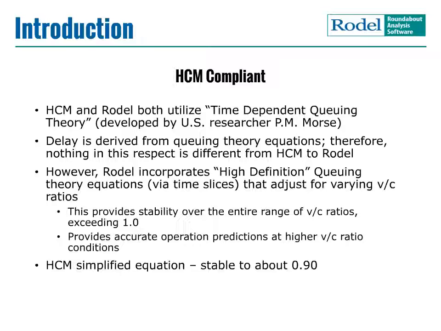These adjust for varying VC ratios, and the importance of this is that Rodel provides stability over the entire range of VC ratios, even ratios exceeding 1, which provides accurate operational predictions at higher VC ratio conditions. And again, in high-flow constrained conditions, that's important. HCM implements a more simplified version of this, and its stability is stable up to about 0.9 VC ratio.